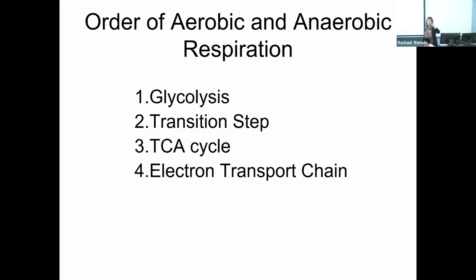After that biochemical process is finished, then we go into what's called the transition step. The transition step is also called pyruvate oxidation, okay? After we've completed pyruvate oxidation, we're going to go into the TCA cycle. This is also referred to as the Krebs cycle. And then lastly, we go into the electron transport chain.